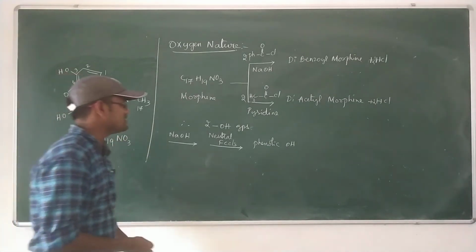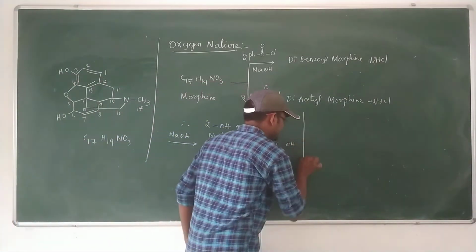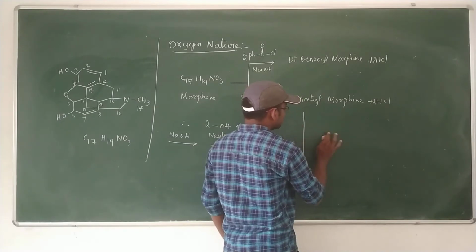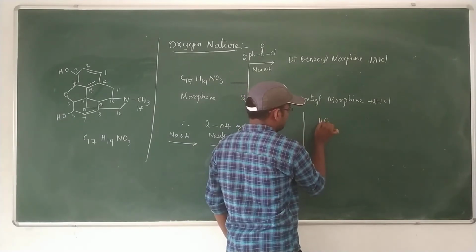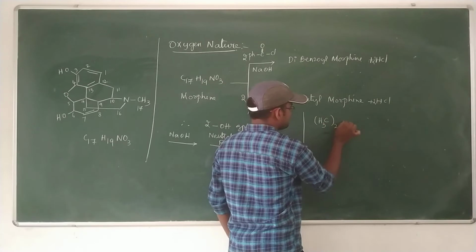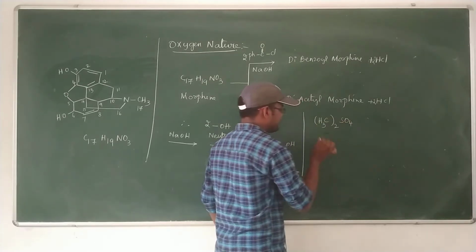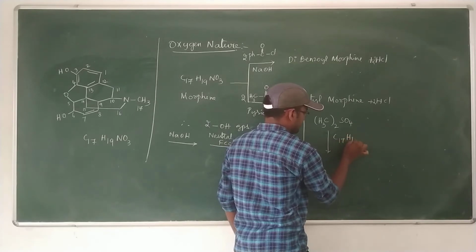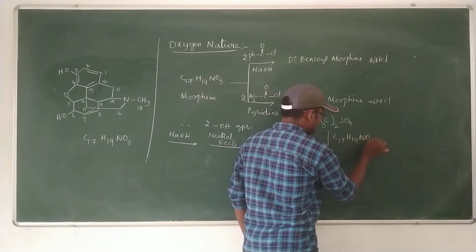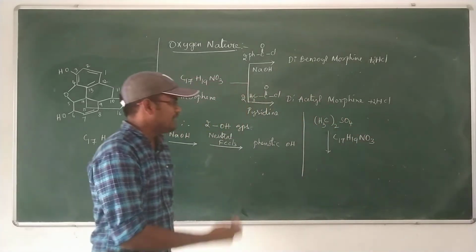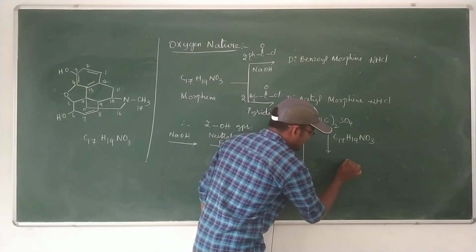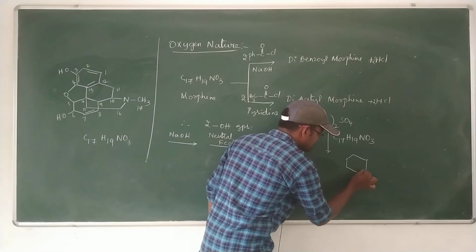That confusion is clarified with the help of another reaction, the reaction with dimethyl sulfate. When morphine, C17H19NO3, is treated with dimethyl sulfate, codeine is formed. We already know the codeine structure.